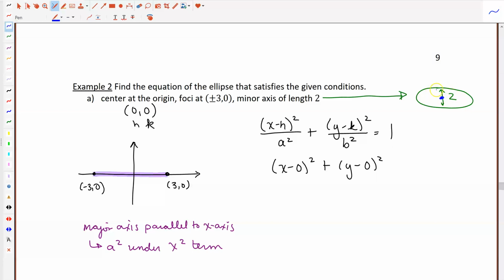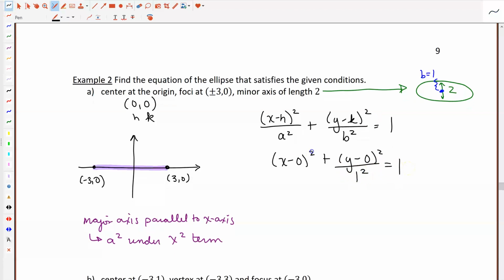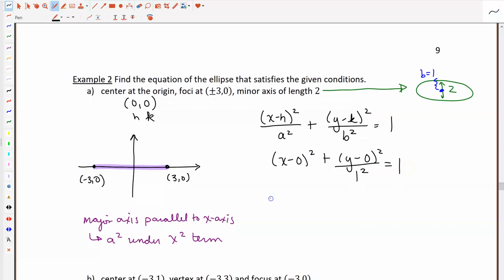That means my value for b has to be 1, so that this entire length is then 2. So my b squared is going to be 1 squared. And then using that, the relationship between all of this stuff is c squared is equal to a squared minus b squared.